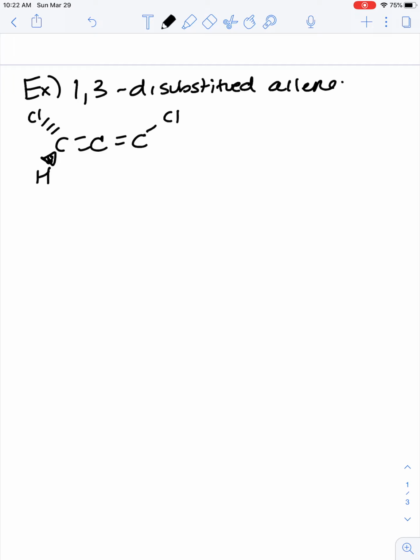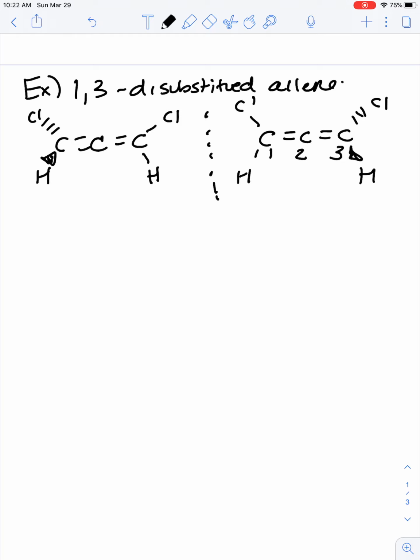When you're thinking about these 1,3 disubstituted allenes, it's really important to think about how pi bonds have to orient to be able to form that pi bond. So when we draw the enantiomer of this molecule, I'm going to label these carbons because I'm going to talk about them a little bit. Again, we have no stereocenters here. None of these carbon atoms are attached to 4 different atoms, so we can say that there's no stereocenter or no asymmetric carbon atom.